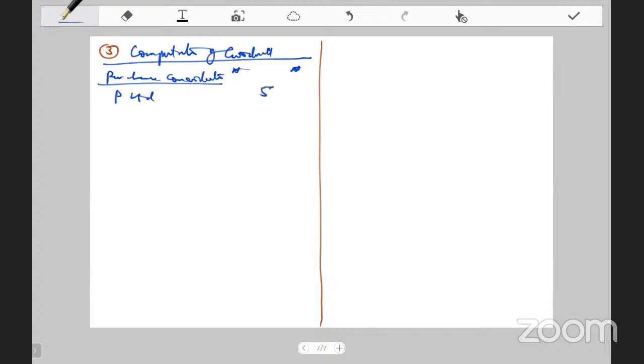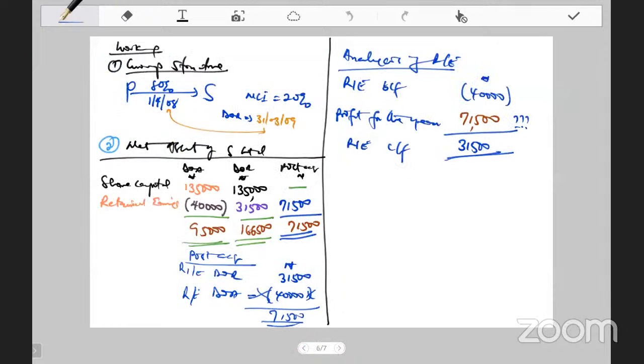Thank you very much. 59,500. Now, in this case, we need to know the value for NCI. Because the examiner said we should use proportionate, it means that the amount paid by the NCI will be at the cost on the date of acquisition. And what is the net asset of the subsidiary on the date of acquisition?